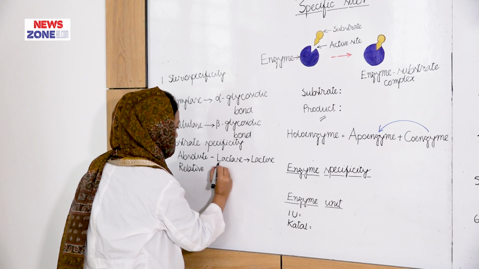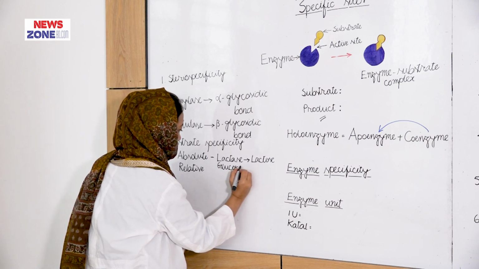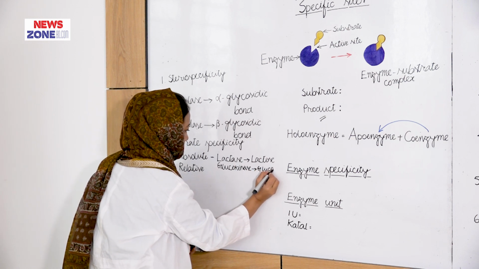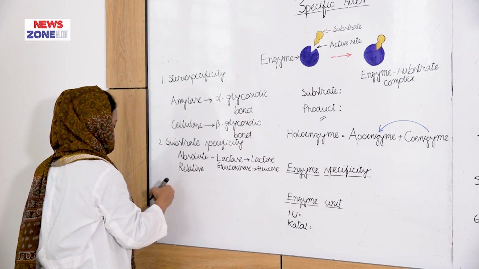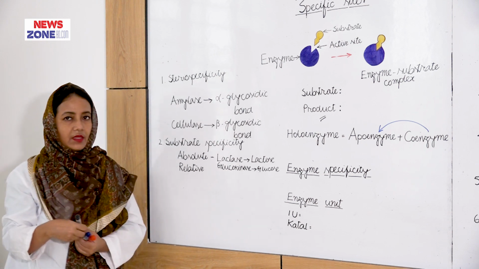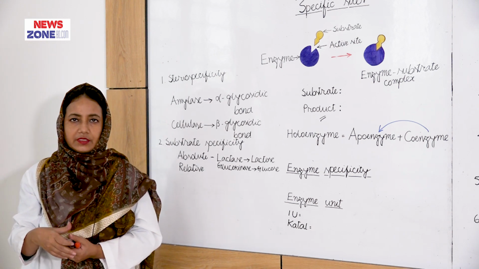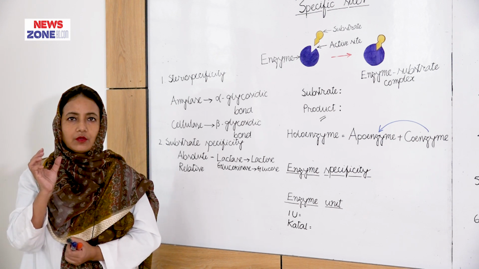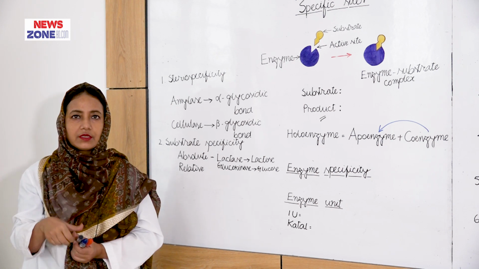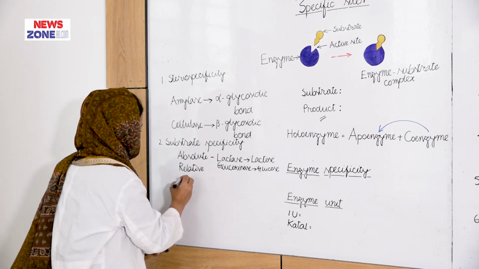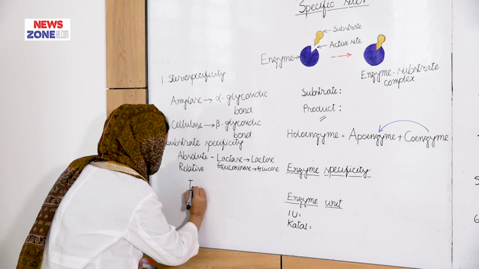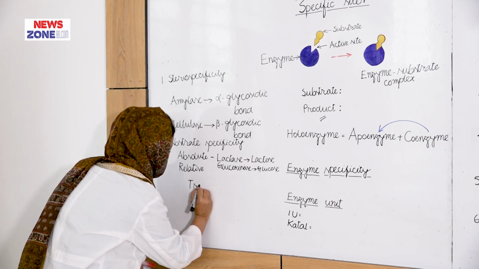The enzyme glucokinase acts upon glucose. In relative specificity, the enzyme can catalyze a particular group or particular bond. For example, the enzyme trypsin can catalyze the peptide linkage.